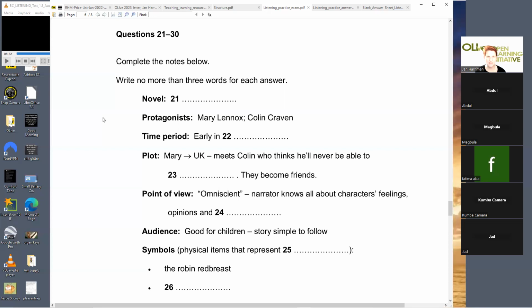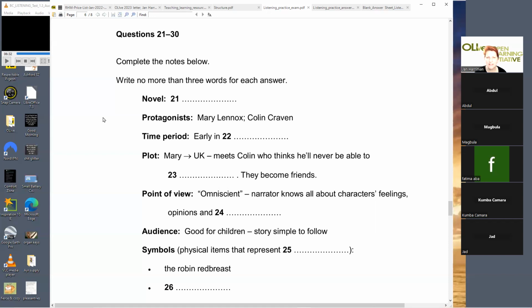Did anyone get number 22? This one was a challenge. This was a higher level question. The 20th century. Yes, exactly. Sorry, I'm getting hoarse. How about number 23?